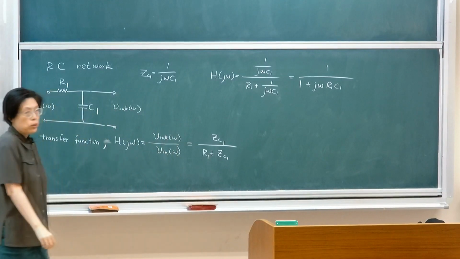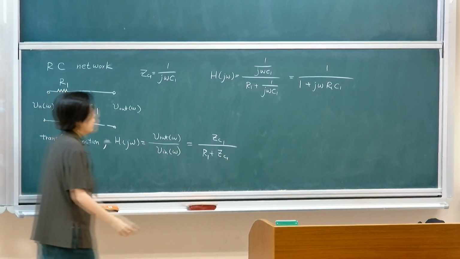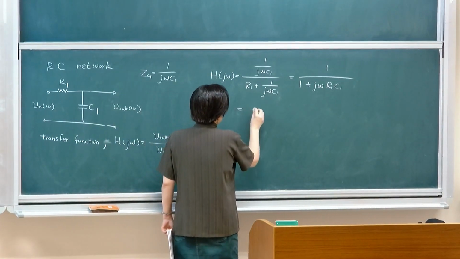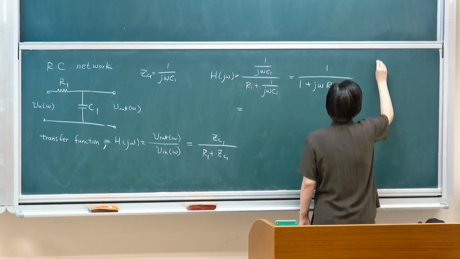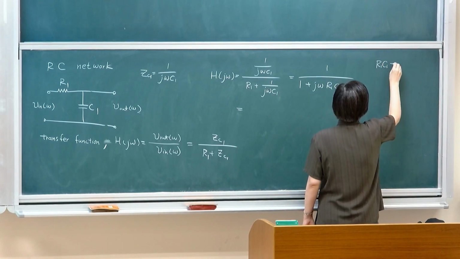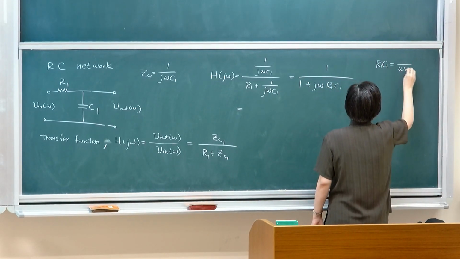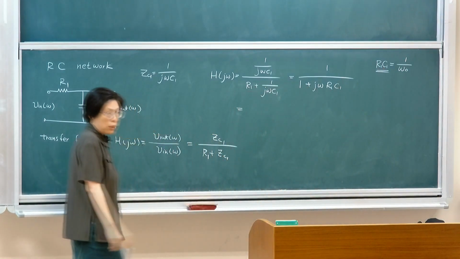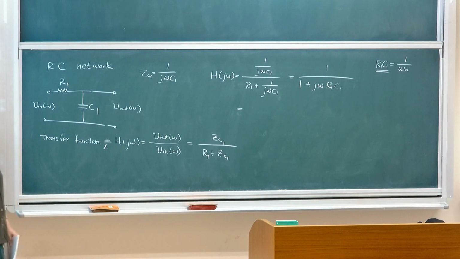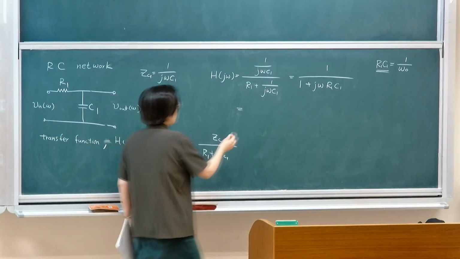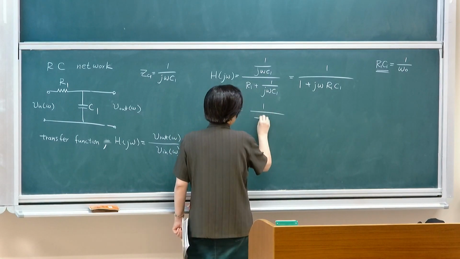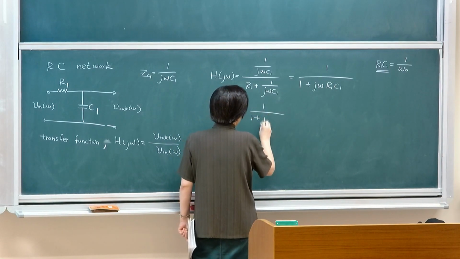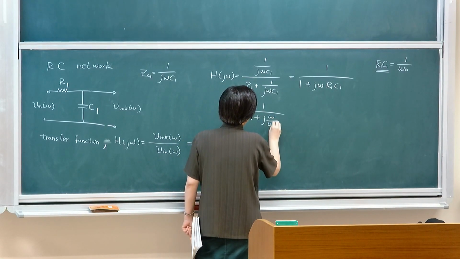One of the ways to rewrite this is to let R1 C1 equal 1 over omega 0. This is the time constant of the circuit, and the inverse of that will give you a distinctive frequency. So this can be rewritten as 1 over 1 plus j omega over omega 0.